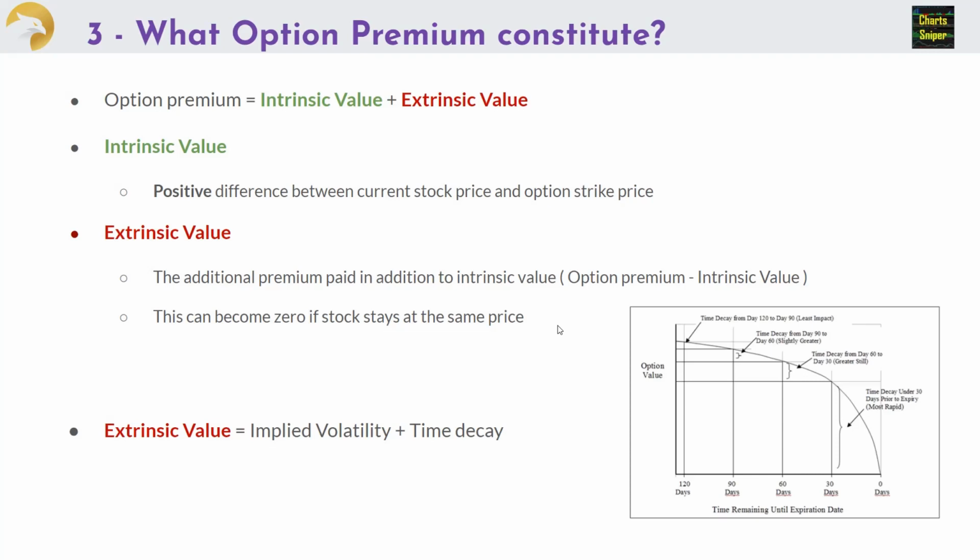If you do not understand implied volatility, time decay, or extrinsic value in depth, then this basic options training will certainly help you reach the level where you are very comfortable understanding what you're paying when you're buying an option, whether it is very high or very low, and how exactly to make money out of it. So it's very important.